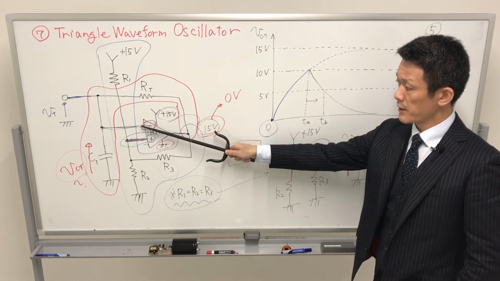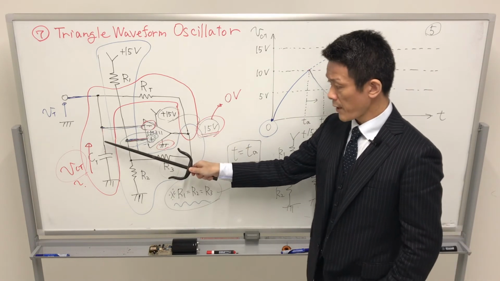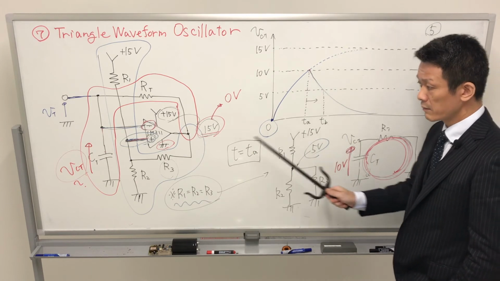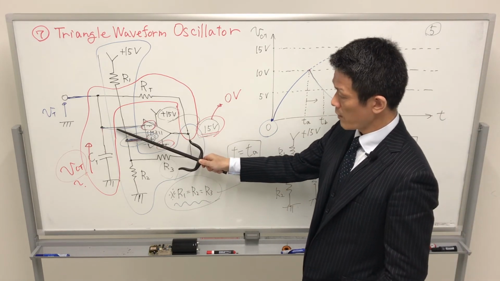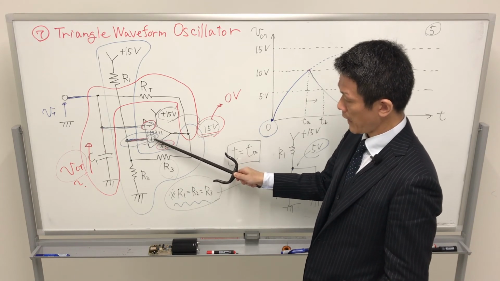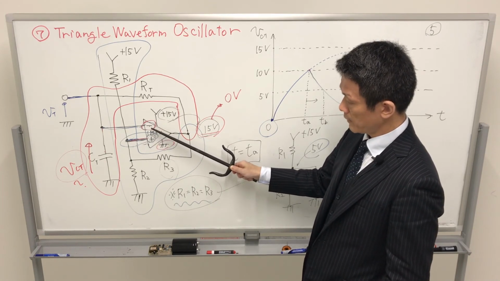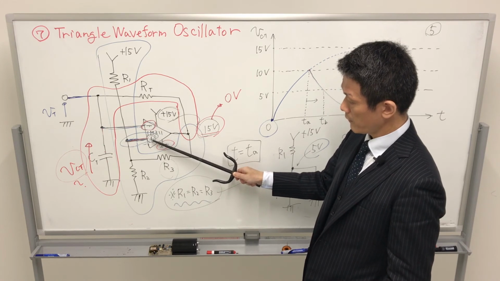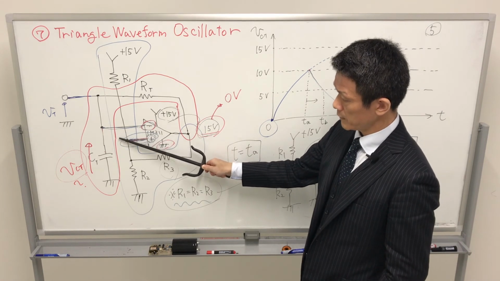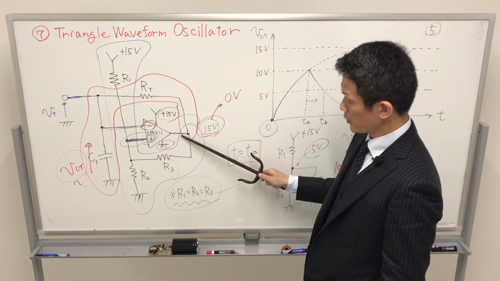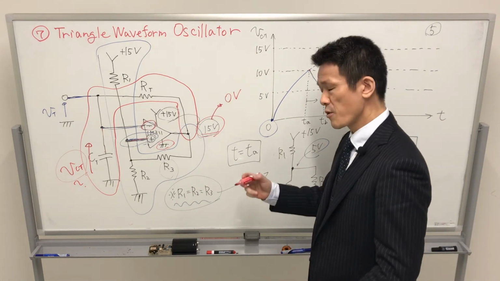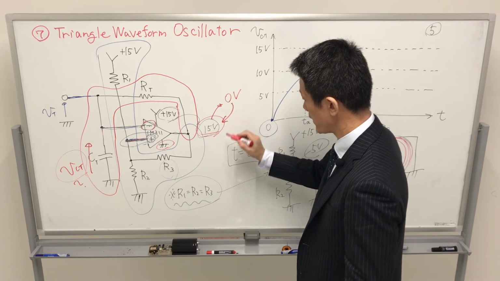The minus terminal voltage is lower after timing TB as compared with the positive terminal. The output voltage changes back to the 15 voltage. Okay.